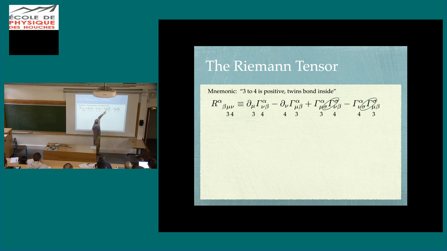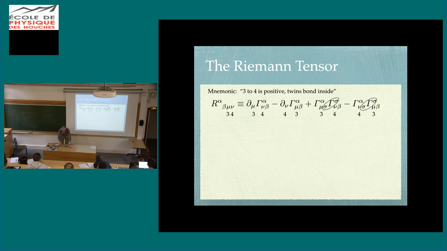And you're summing over the inside thing. So the twins bond inside. All right? So 3 to 4 is positive. Twins bond inside. Now you can write down the Riemann tensor wherever you are.